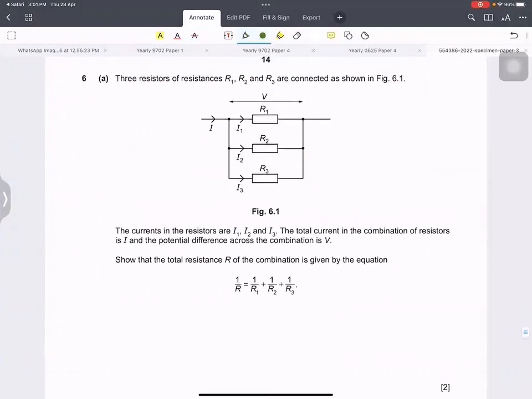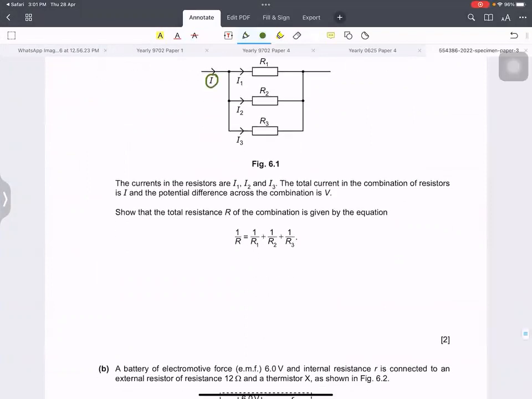first of all, as you can see, this is a parallel combination. If I were you, I would solve it like this. First, I will write voltage V across each resistor is the same.